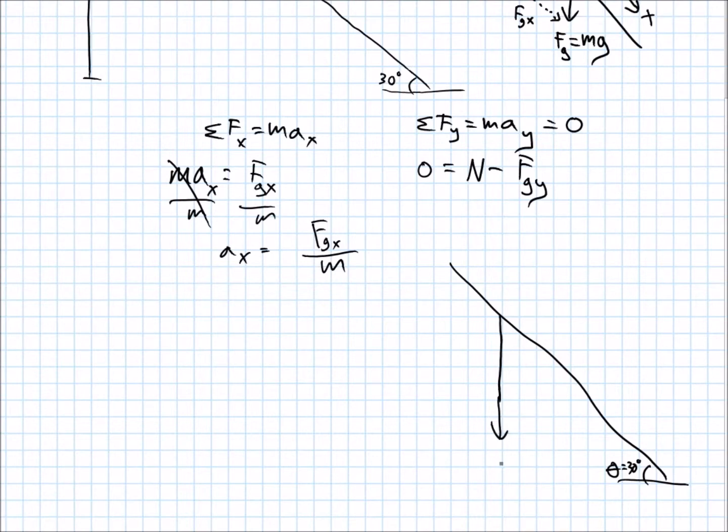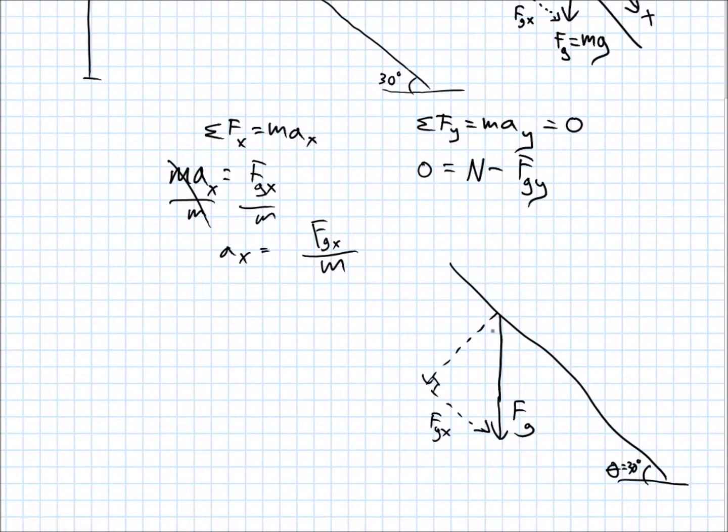So the gravity points straight down here, and we broke it up into its x and y components, like that. And this is FGX, which is the one I'm interested in right now. Okay, so this is a right triangle. We should be able to get the force of gravity's x component, since we know the force of gravity is just mg. These g subscripts are always sneaking up on me.